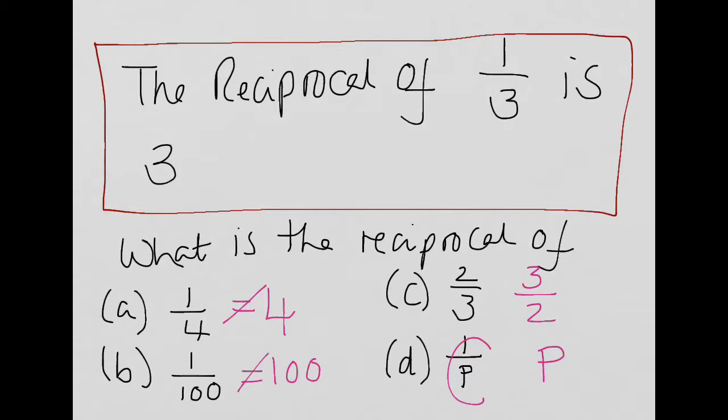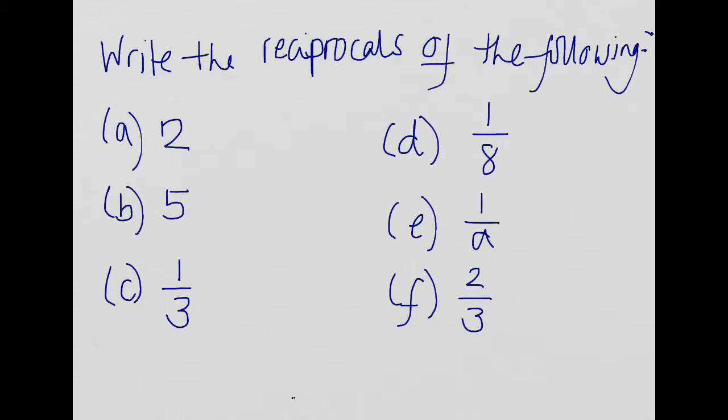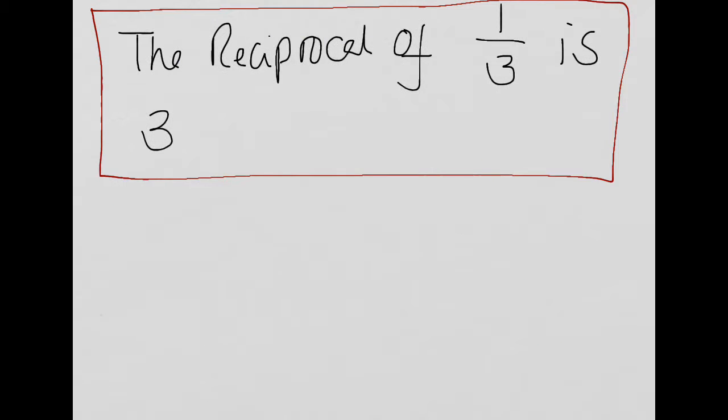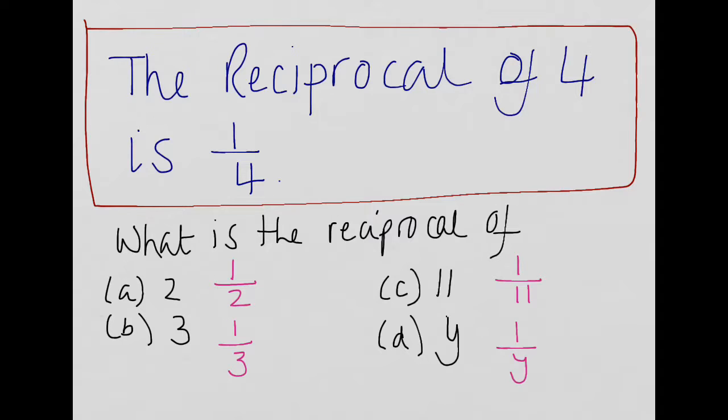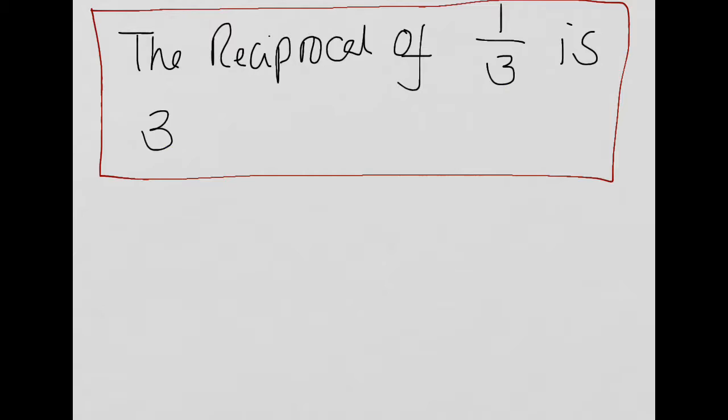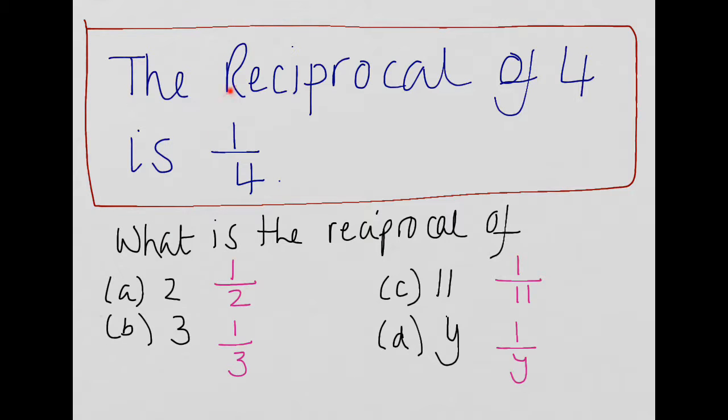Okay, where next? Here are 6 questions for you to do. I'm just going to change one of those, this one here, because that was the same as the one on the last slide. I'm going to change it to 5/7. Now, if you're not sure, just before we start, I want to go back. The reciprocal of 4 is 1/4, and the reciprocal of 1/4 is 4.